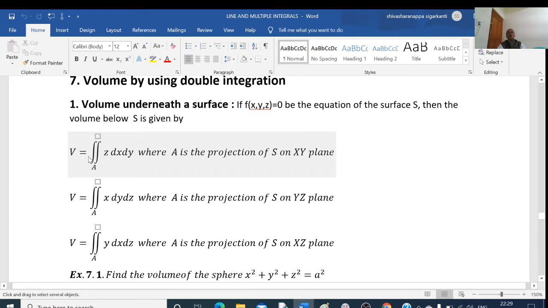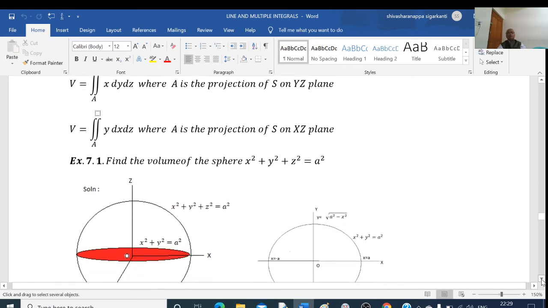So the volume is given by x ranges from minus a to plus a, y ranges from minus root of a square minus x square to plus root of a square minus x square, and the integrand is square root of a square minus x square minus y square into dy dx. This is my formula. Using this formula, we find the volume, and we have to multiply this by 2.